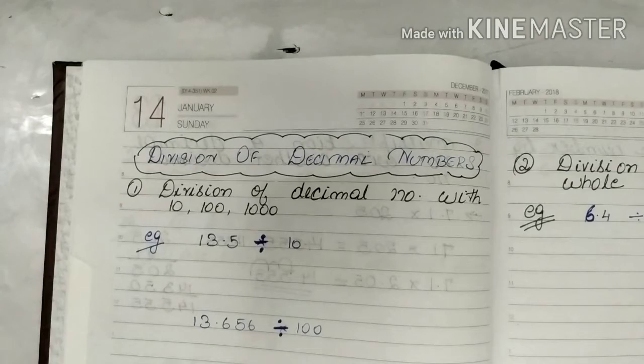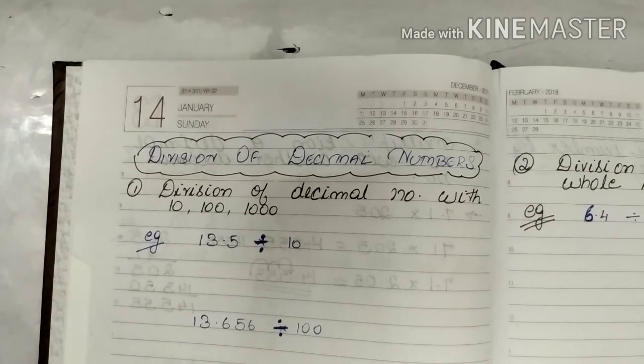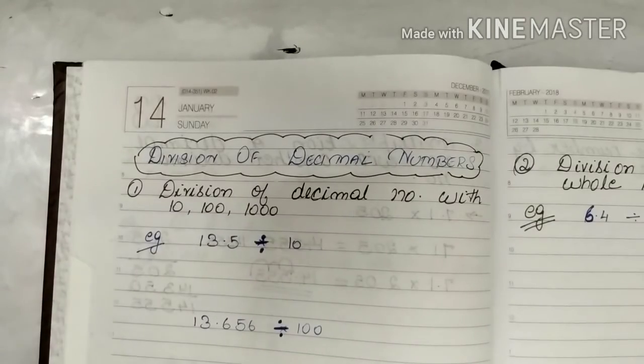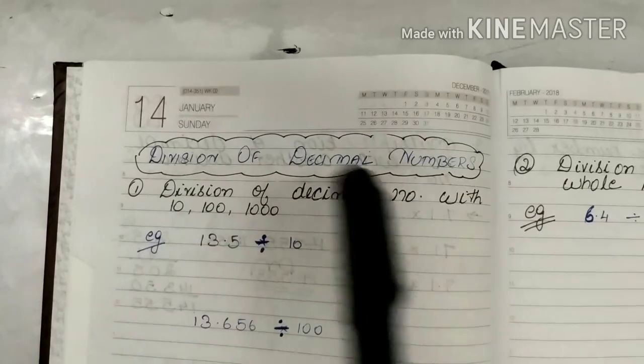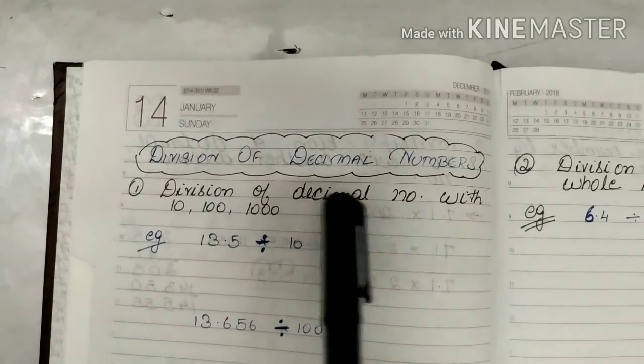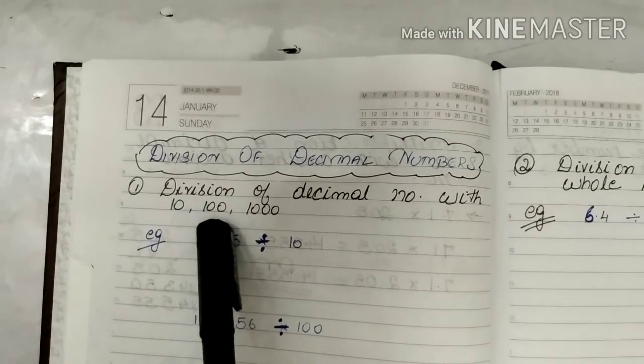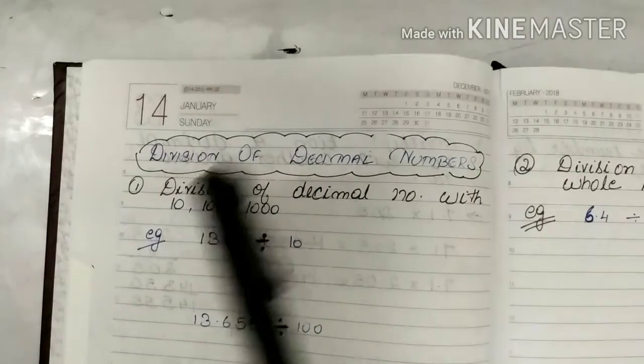So let's move to the next part, that is division of decimal numbers. In division of decimal numbers, we have different types of questions that you will see. The first and simplest type is division of decimal numbers by 10, 100, 1000, that is multiples of 10.